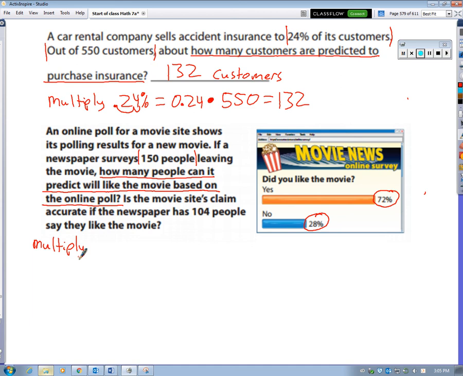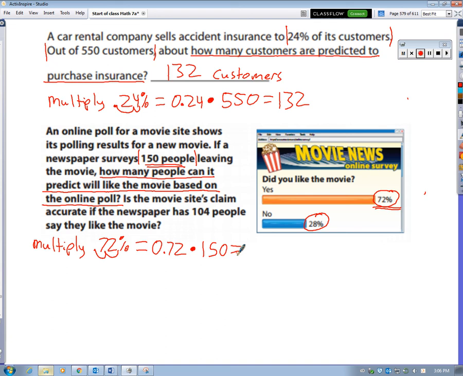Alright, so we're looking for people that like the movie, so that's this number right here. We're going to take 72%. You can make that into a decimal by moving the decimal point 2 places to the left. So that gets you 0.72. And then we're going to multiply that by the 150 people, because that's how many people are going to be surveyed.